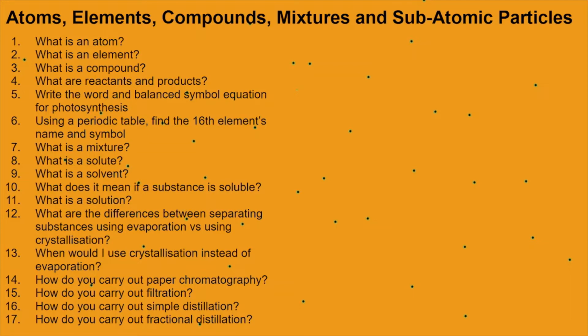Fractional distillation is different. You have a mixture with lots and lots of different liquids in it, and you're going to take a fractionating column. Again, we look at this in more detail in paper 2. So you'd heat the liquid at the bottom of the fractionating column.